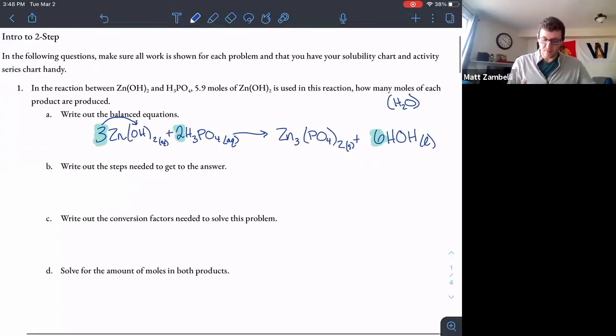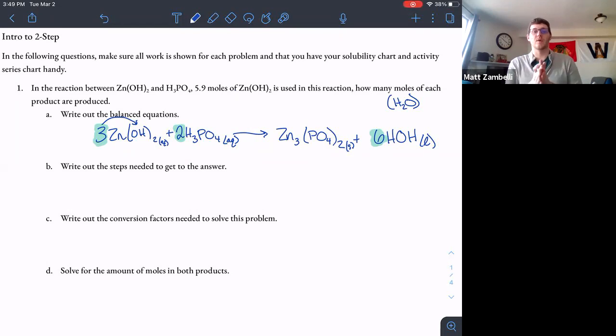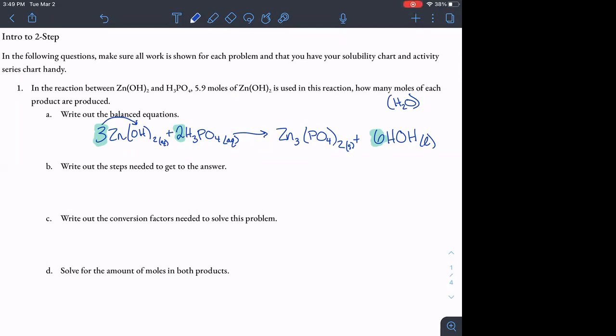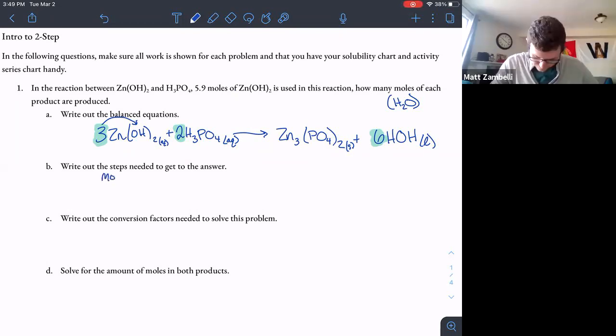So in this problem, what are we starting with? Just like the units, what are we starting with? Moles? Moles, perfect. So we're starting with moles.